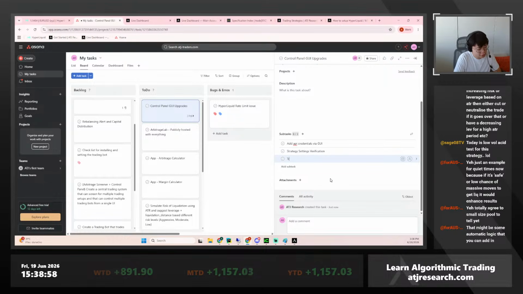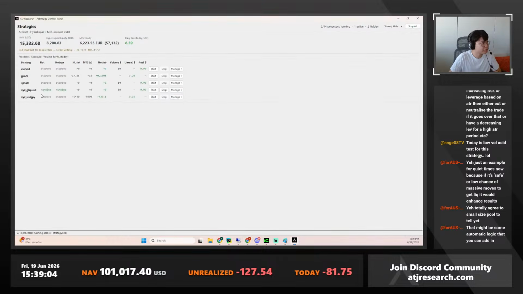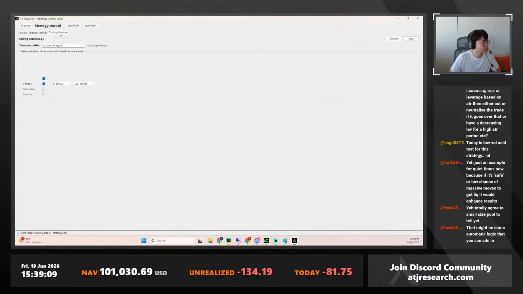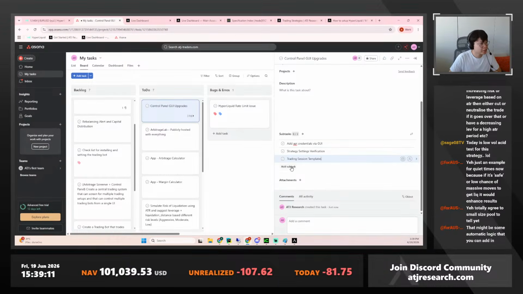Then I would probably add trading session templates, so you don't have to fill out these trading sessions yourself. There will be templates provided that you can set up yourself. Another thing we can add is create new strategy, which will create a new folder and add the template.